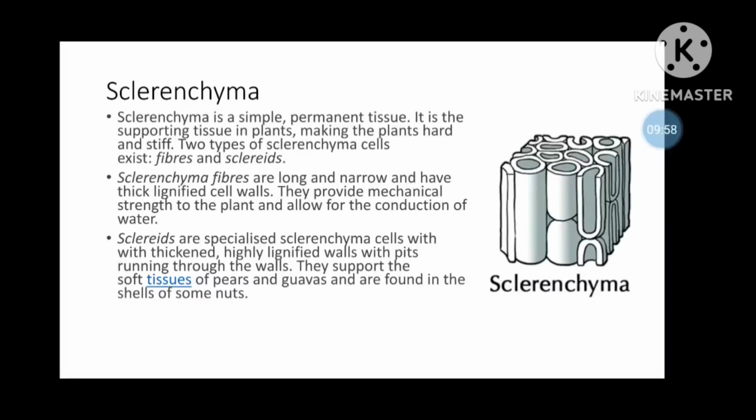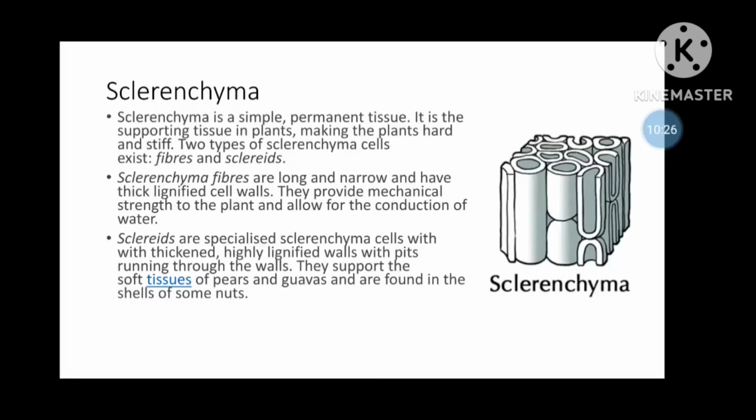The sclerenchyma fibers are long and narrow and have a thickened, lignified cell wall. Means the cell wall of a sclerenchyma fiber is lignified. Lignin is present in their cell wall. The sclerenchyma provides mechanical strength to the plant, which allows them in the conduction of water.